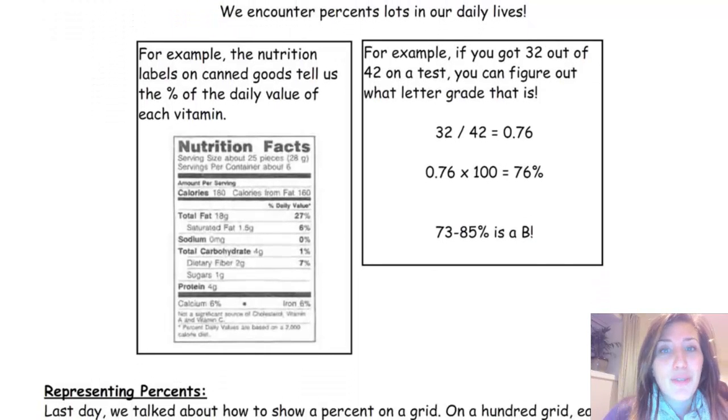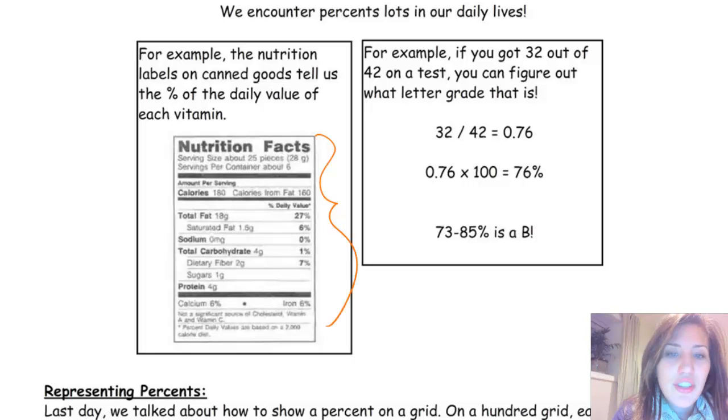Well, we will encounter percents lots in our daily lives. For example, in nutrition, on every food item that you have, you will find these nutrition facts. Anything that is processed has to have these in Canada, and it tells us the percentage of our daily value of certain intakes.